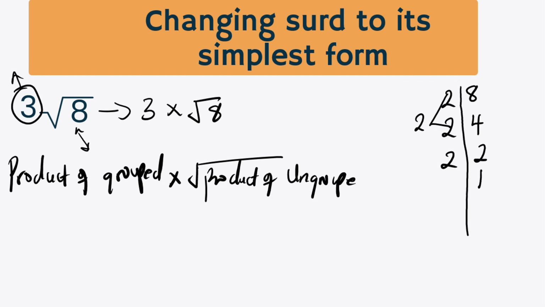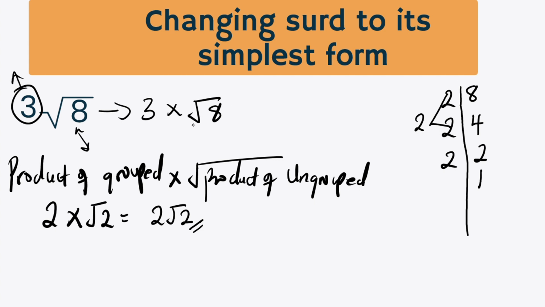All right. So from this, our grouped is 2 times our ungrouped square root of 2, which is 2 root 2. And this is for root 8.